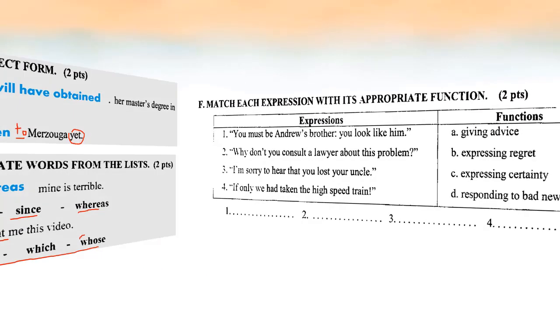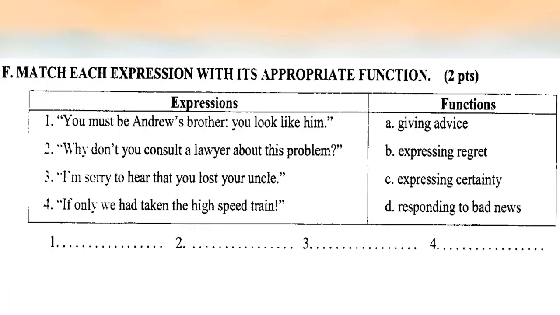Exercise F, match each expression with its appropriate function. Here, I advise students to study the function options first and then to go back to the expressions. Means it's better for me, if I were in your position, it's better to start with this column. Then you see giving advice, okay, I understand. Expressing regret, I know.